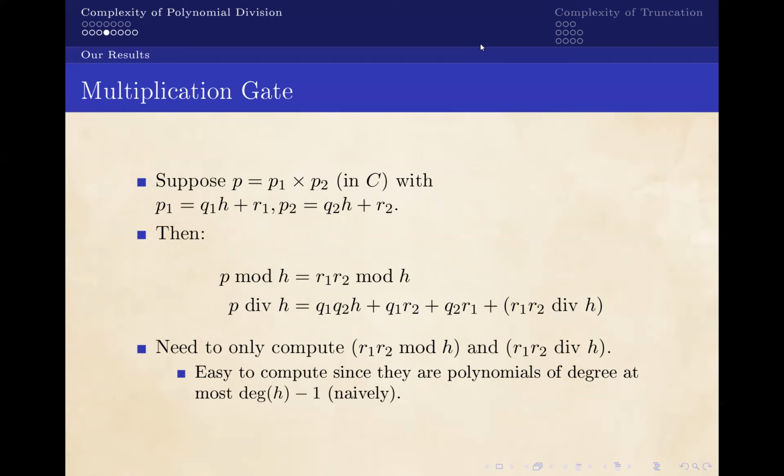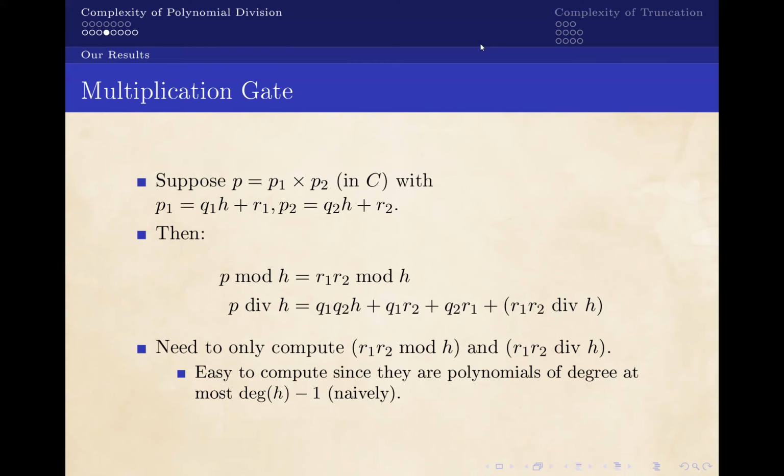But notice that because R1 and R2 are low degree polynomials, both R1 R2 mod H and R1 R2 div H also are low degree polynomials. So their degree is at most degree of H minus 1, right? So they have degree of H many monomials. So I can just compute every monomial naively, and then compute R1 R2 mod H and R1 R2 div H by a naive method, and I pay a cost of size d_H, right?